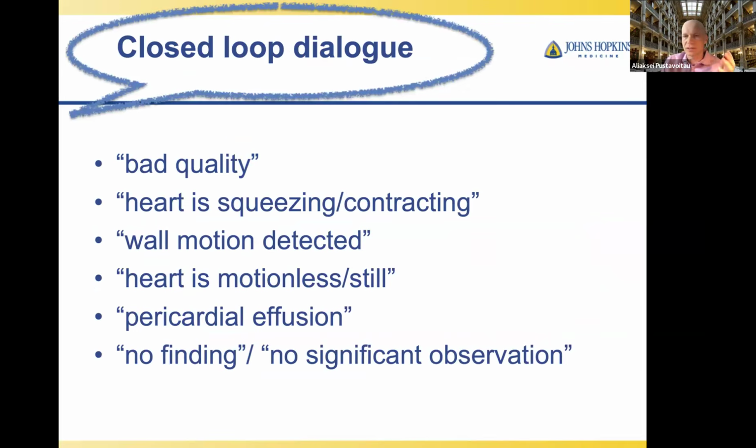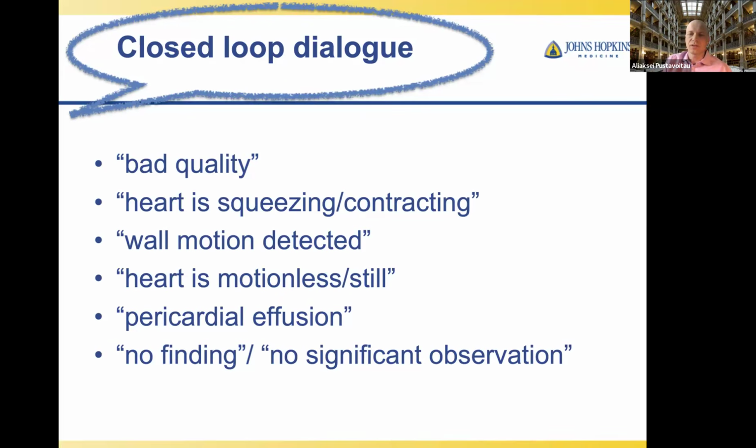They can say, hey, this image is bad quality. I cannot give you any further information. Great, report is done. Or they can say, good quality, heart is moving, and there is a large pericardial effusion. The team leader can make a determination: well, sounds like this patient has a tamponade, let's do pericardiocentesis.